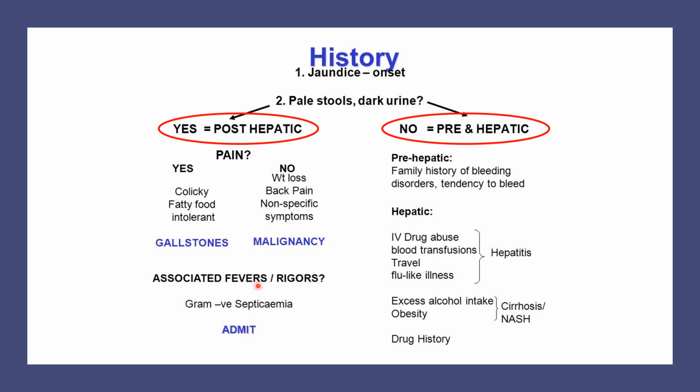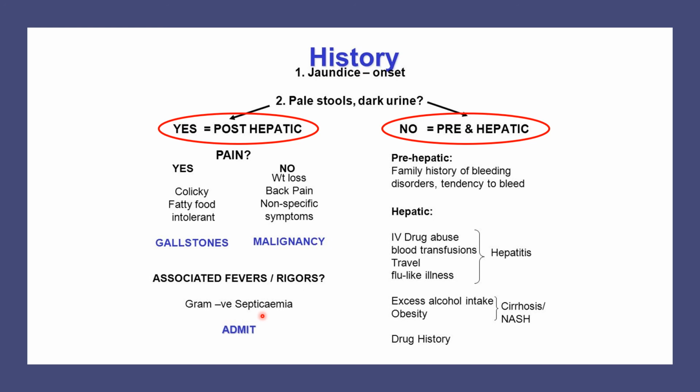Another important parameter to look for is fever. If there is fever, get into the details of the fever. High fever, chills, rigors, all this will suggest some form of secondary infection in a patient with gallstone obstruction. There may be early signs of gram-negative septicemia.